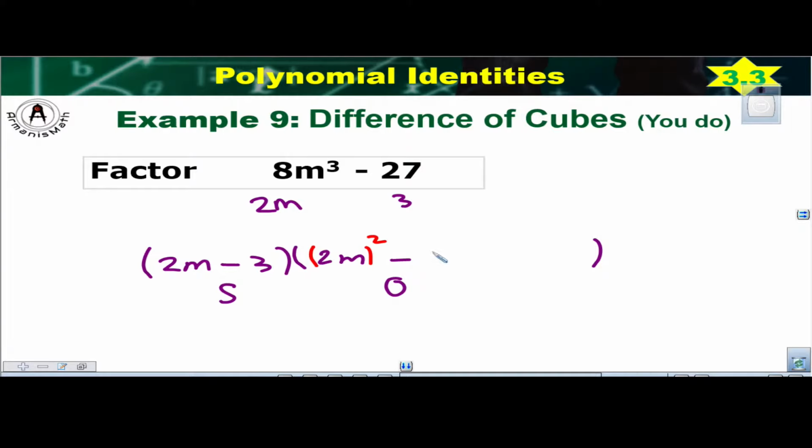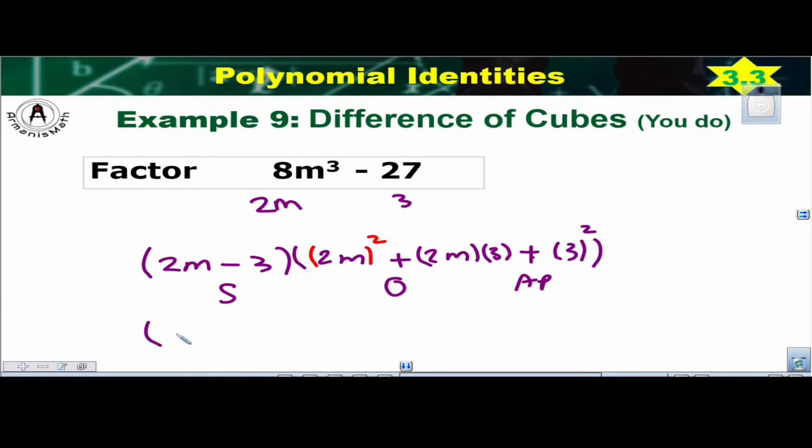Opposite of what I got is the plus sign, and then I have 2m times the 3. And then finally I have the always positive sign from SOAP, and then a 3 being squared.